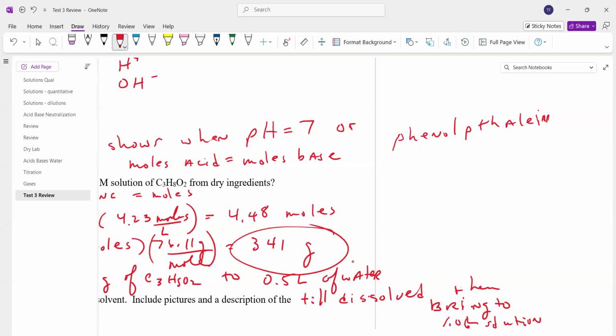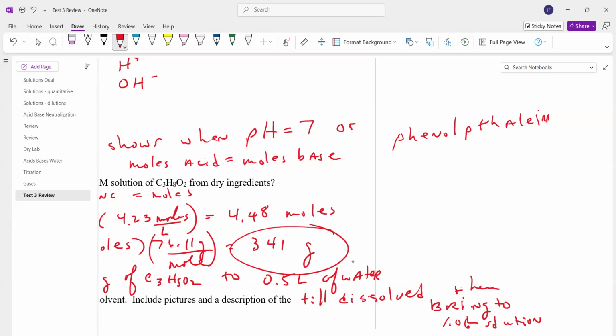Why are we doing 0.5 and 1 when our initial was 1.06? That's our final volume, 1.06. Oh, I want to bring it up to final volume, right? Yeah, but you can start with anything below 1.06. Well, you've got to get it dissolved first, though. So dissolve it in a small amount of liquid, normally water, and then bring it up to final volume.